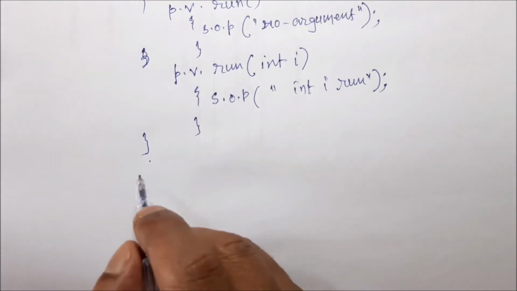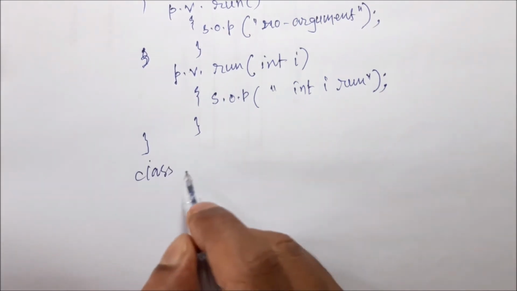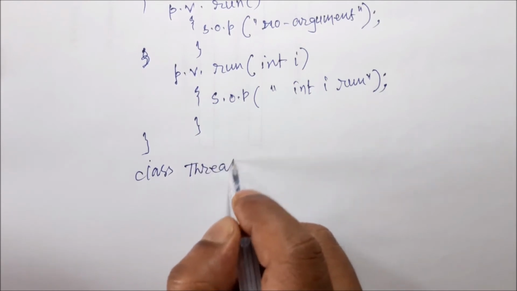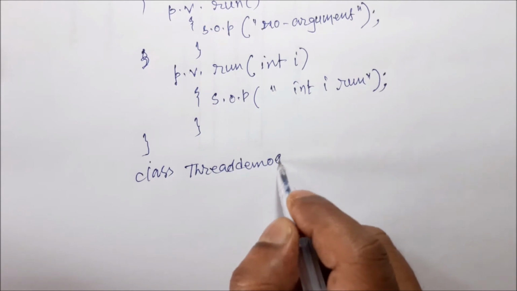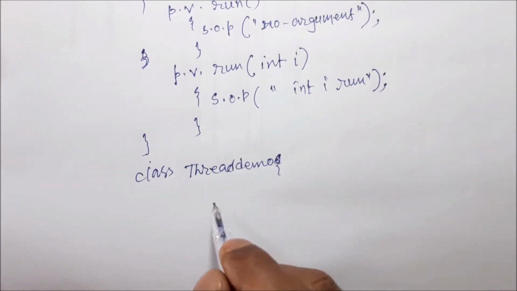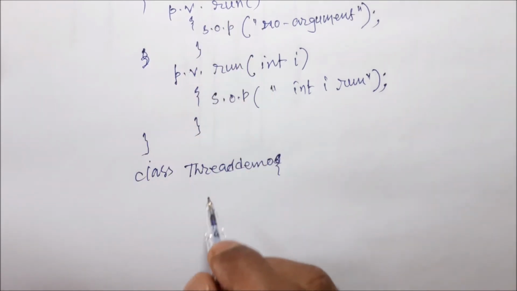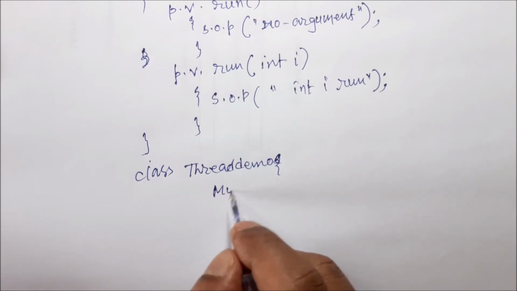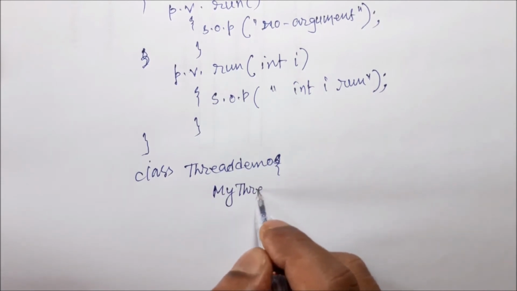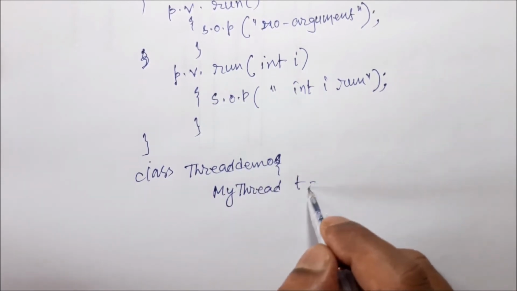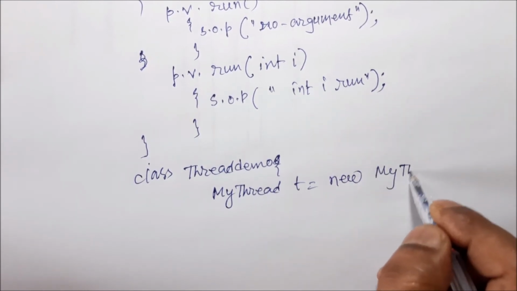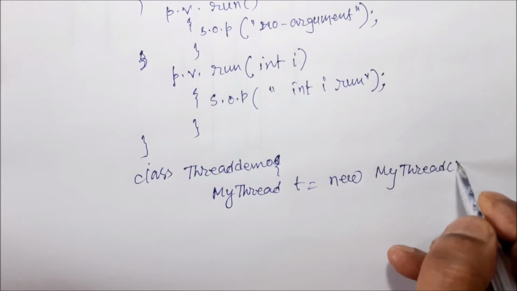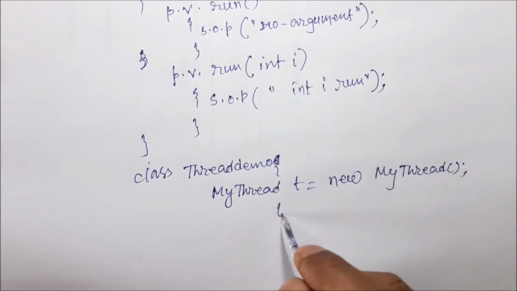So, for example, I have written class ThreadDemo, we can give any name, no problem. ThreadDemo is my class name, and I will create the object of this class. So, MyThread t = new MyThread(), and then t.start().